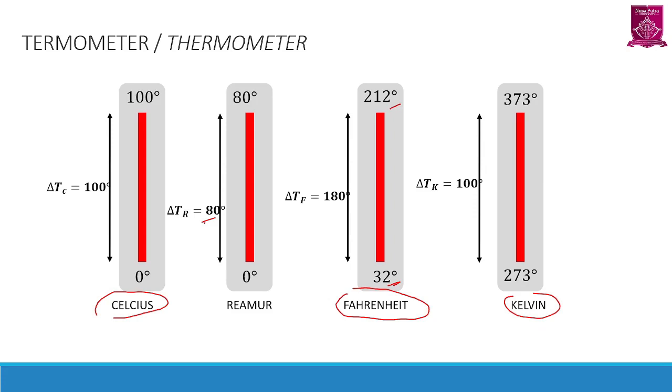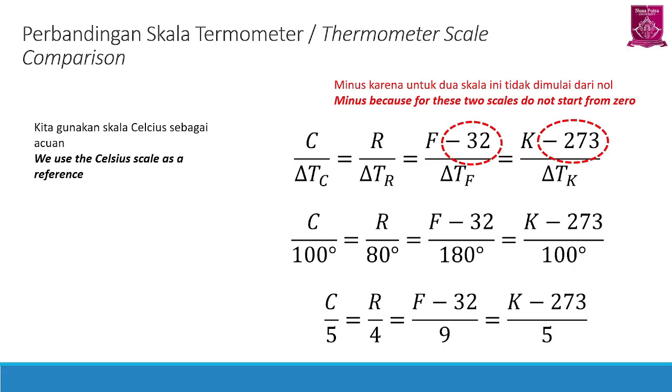And in Kelvin, the low temperature is 273 degrees, and the high, where the water starts to boil, is 373 degrees. The temperature difference is 100 degrees for Kelvin, delta Tk. Now after we know the temperature differences, we can write down the scale comparison.